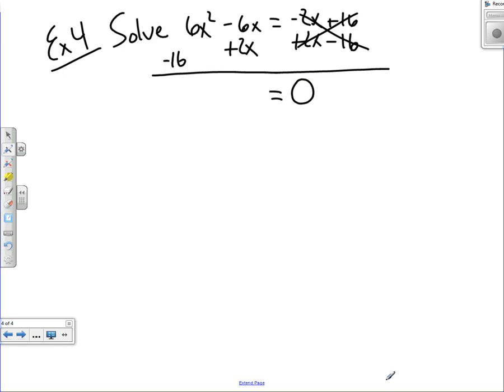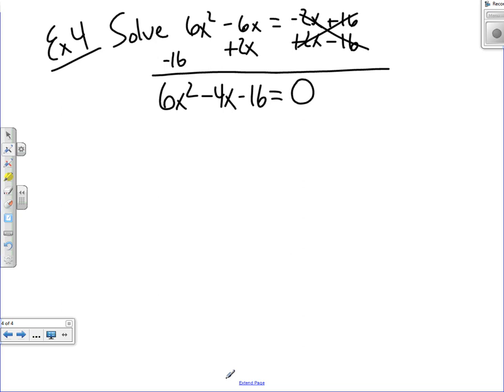And notice on the left-hand side, what are we going to get? Writing this in standard form, 6x squared, negative 6 plus 2, reading this from top to bottom, is negative 4x. Negative 16, there's nothing to combine with it. Negative 16 is just going to drop down.